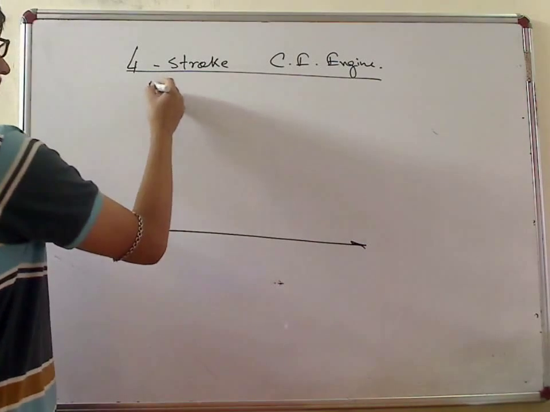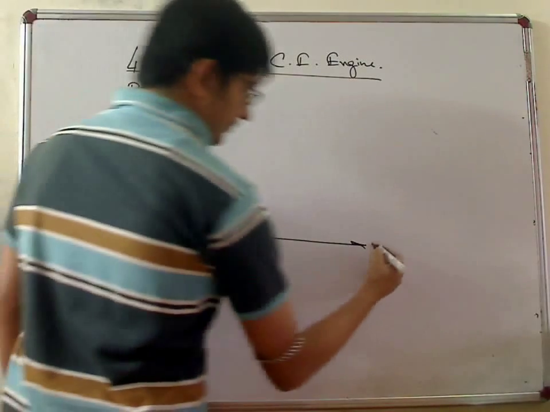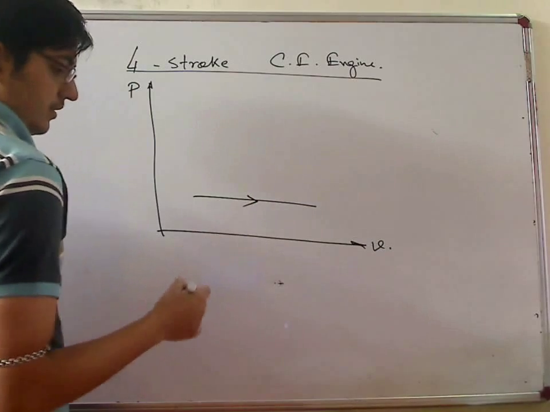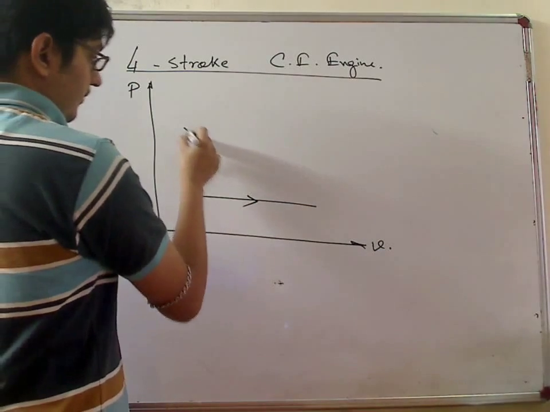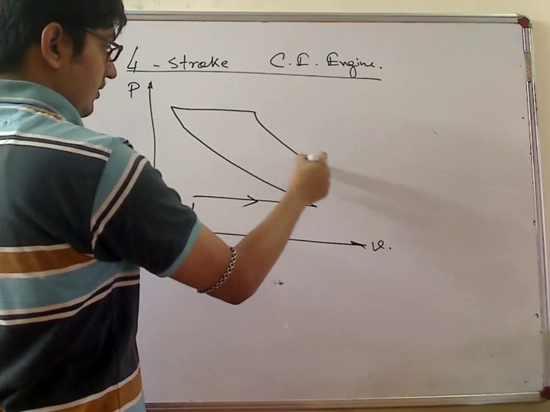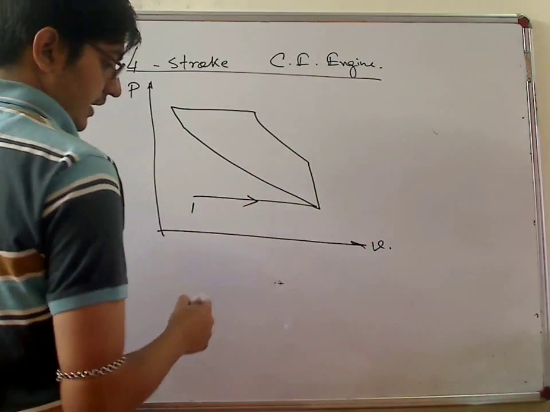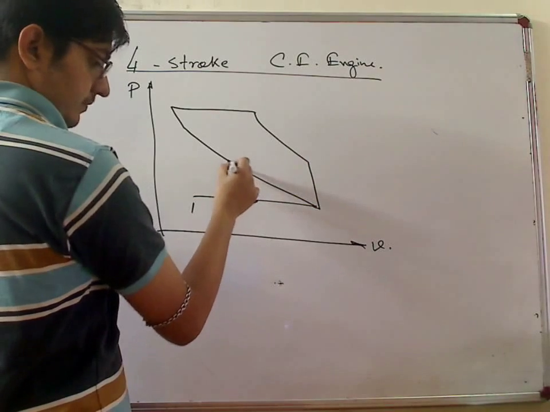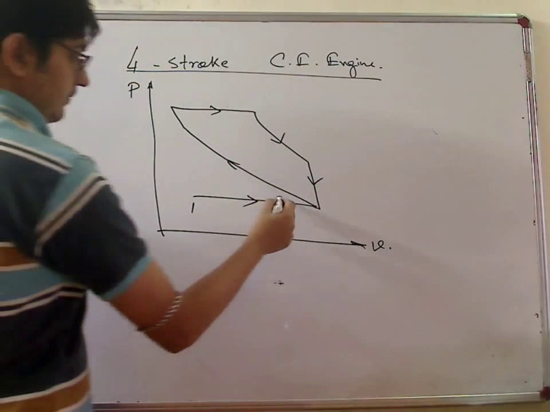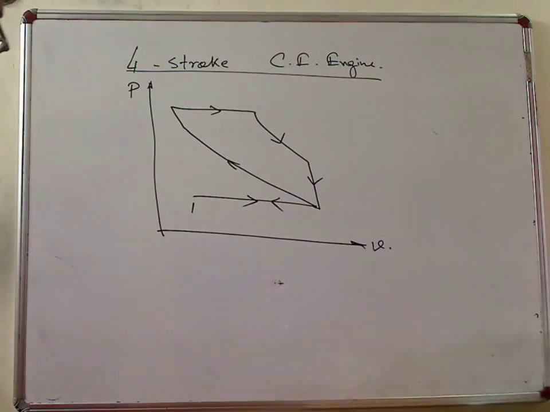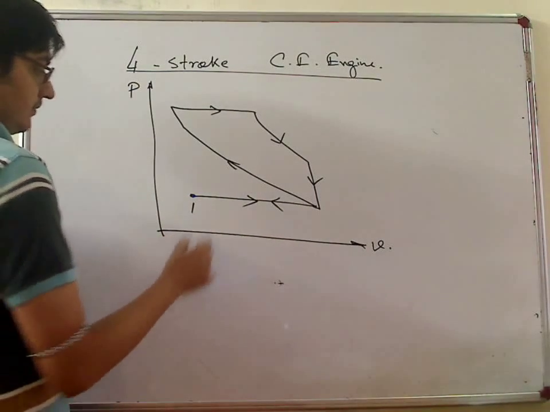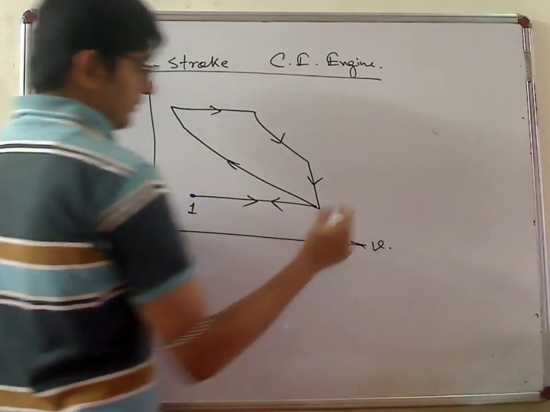This is the PV diagram. First let me draw the diagram. Okay. So first the suction, 1 to 2.